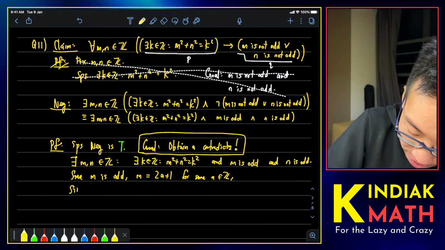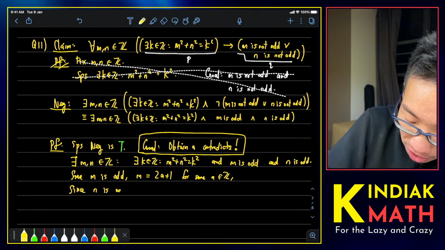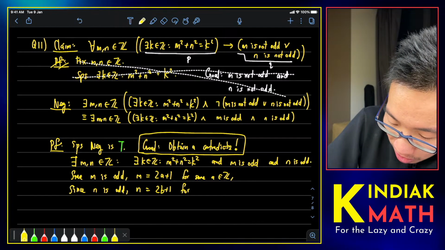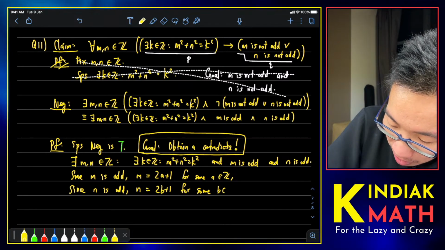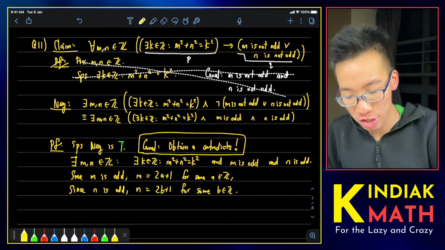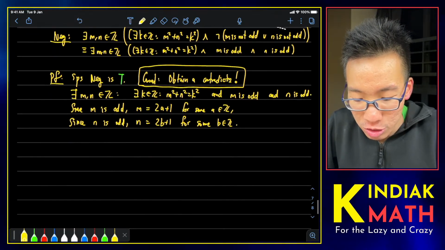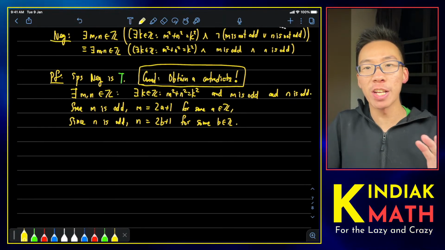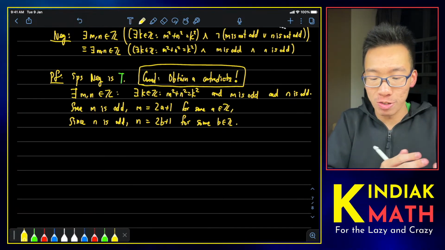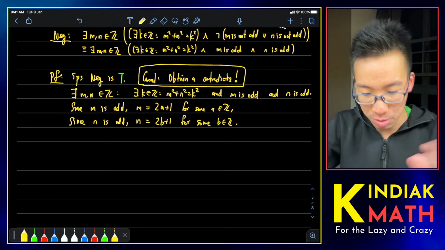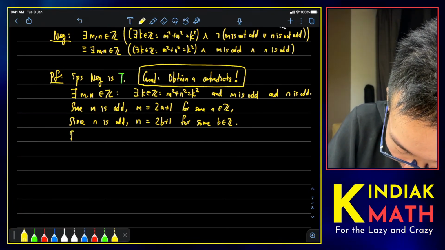And since n is odd, similarly, n equals 2b plus 1 for some b in the integers. Now all we need to do is use this information and derive a contradiction. So we have m and n. Let's plug them into the equation. Plugging in.